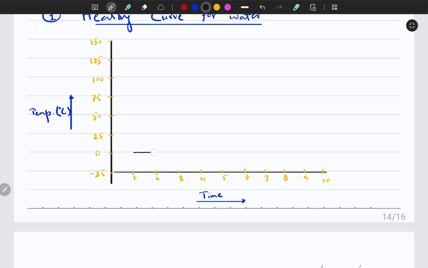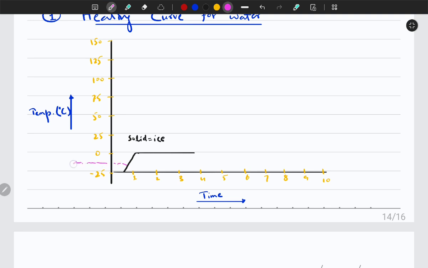So we know that at 0 we have ice, right? This is solid ice at 0. If you go to temperatures below 0, it's 100% solid. That's solid. That's ice.